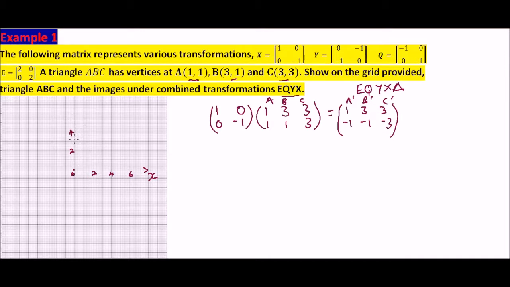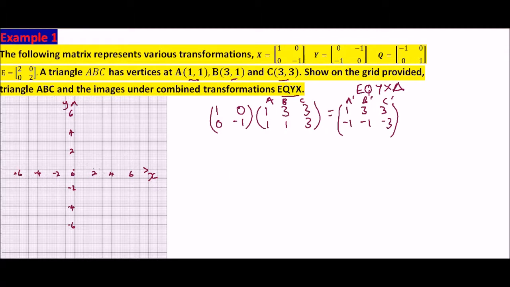This is 2, this is 4, this is 6. That's our y-axis. On the negative side, we have -2, -4, -6. Then the other side we have -2, -4, -6.